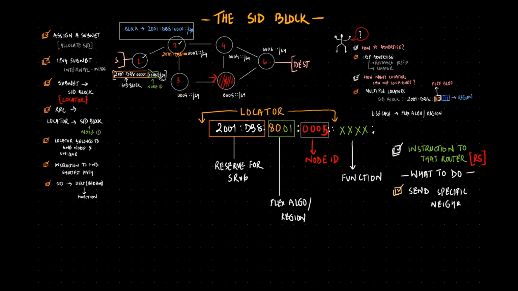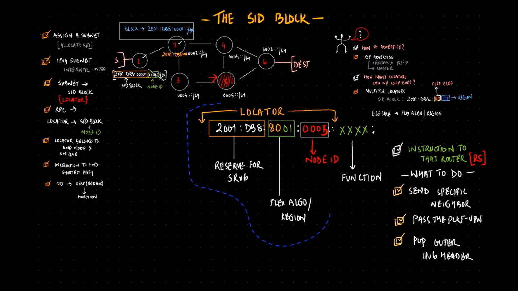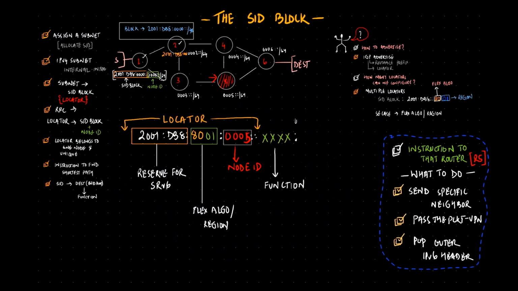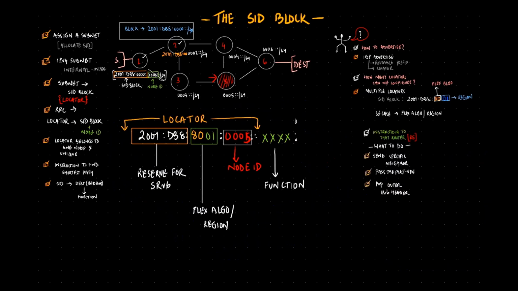What function needs to be provided? Whether it will send the packet to a neighbor or any next hop, or pass the packet to the VPN. This is how it will be defined. The function could also be to pop the outer packet, or pop the SRH, and then forward the native packet, whatever is encapsulated. That is also possible with a function.